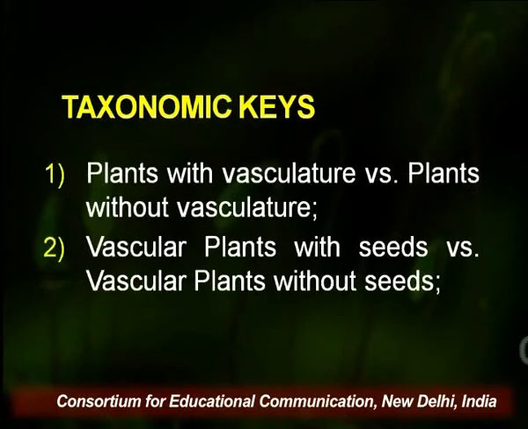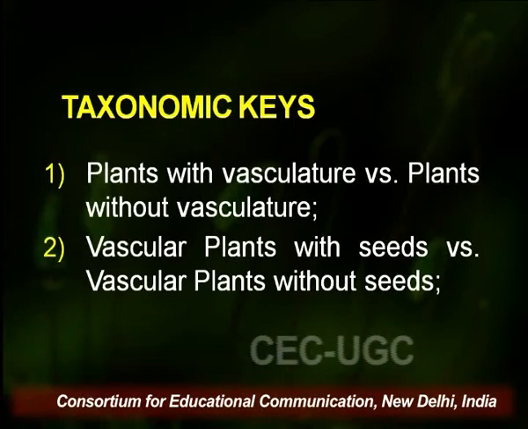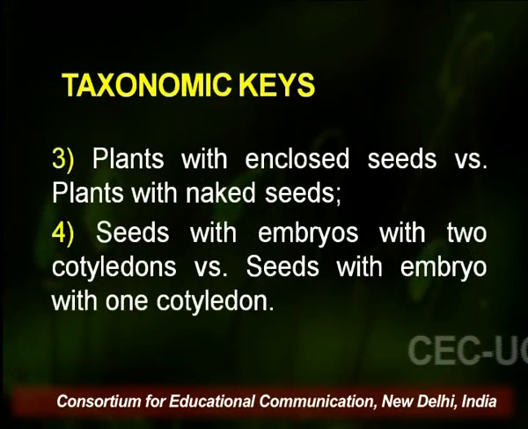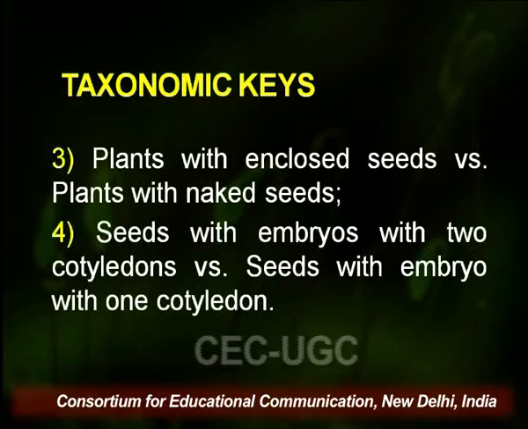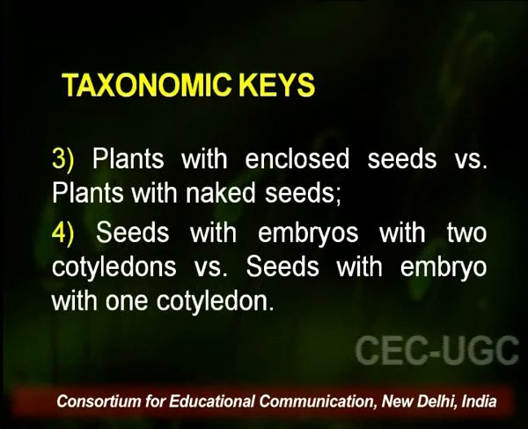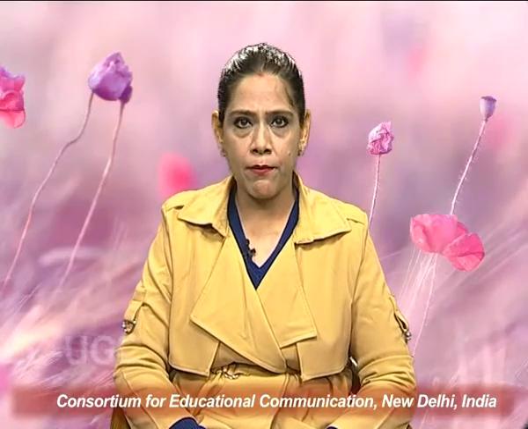For example, we divide the unknown plants into plants with vasculature versus plants without vasculature, or vascular plants with seeds versus vascular plants without seeds, plants with enclosed seeds, that is enclosed within the fruit, versus plants which have naked seeds, or seeds with an embryo with two cotyledons versus seeds with only one cotyledon in the embryo.